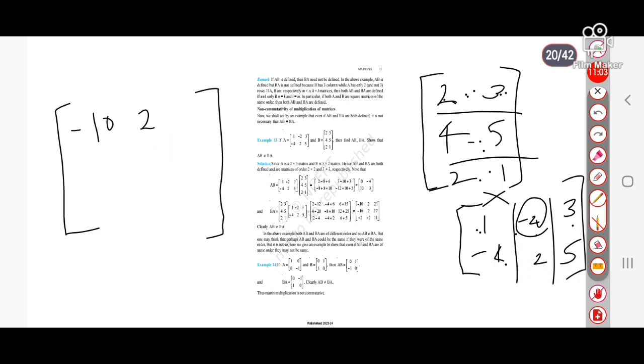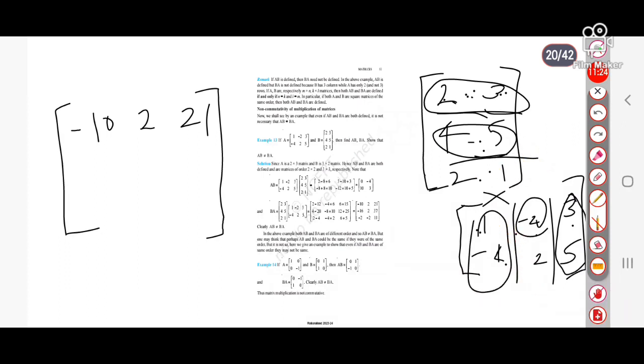This is general multiplication, the same as we saw before. Then this one into this one: 3 twos are 6 plus 5 threes are 15, it yields around 21. Similarly, this into this: 4 minus 20, that is minus 16, and this gives 2 again.